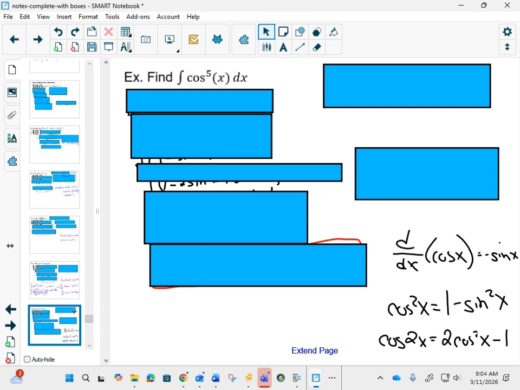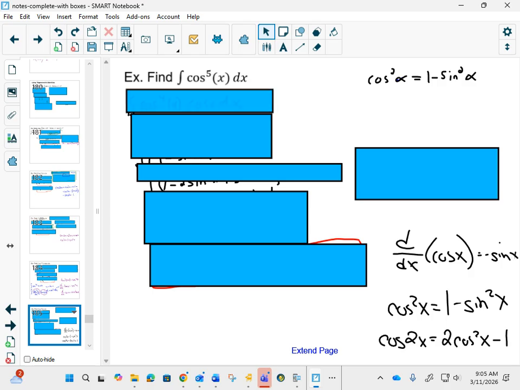Okay? I could get a sine in my equation if I break this up, right? I could write cos to the 5x as cos cubed x with a cos squared x, which would give me a sine squared x, but not just a sine. And I have my double angle identity. This is kind of nice because it would slowly get rid of squareds and replace them with 2x's. So what are we going to do?